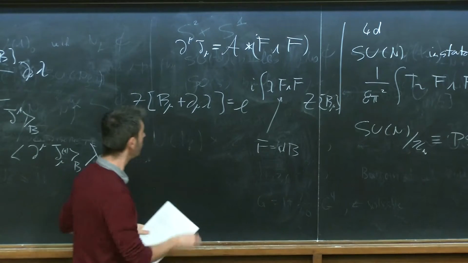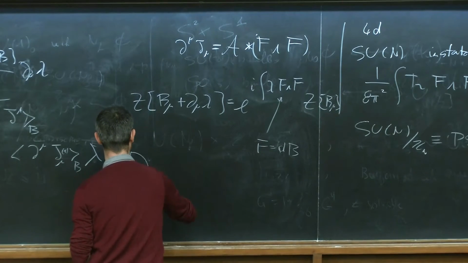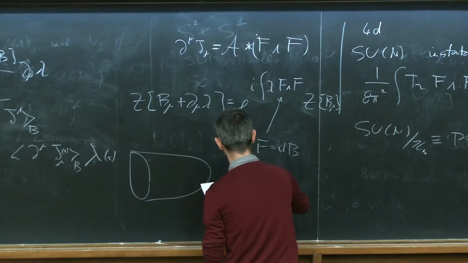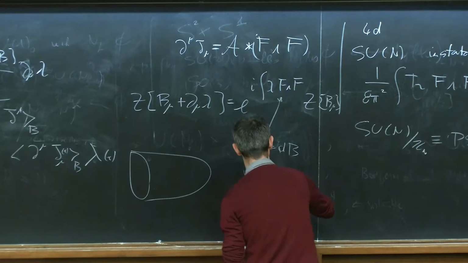And in fact, we could cure this problem by coupling the theory to a bulk. And what do we have to write in the bulk? Well, we write a 5-dimensional Chern-Simons term.